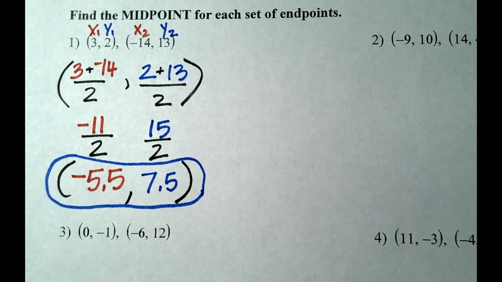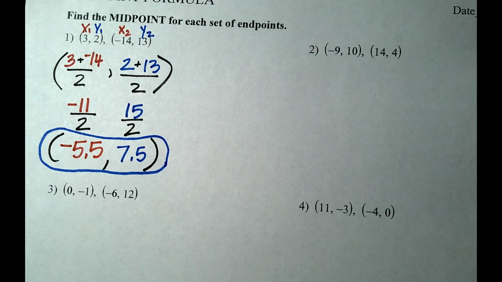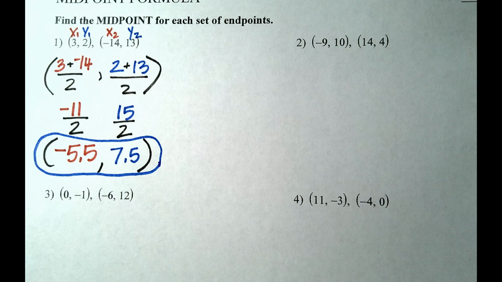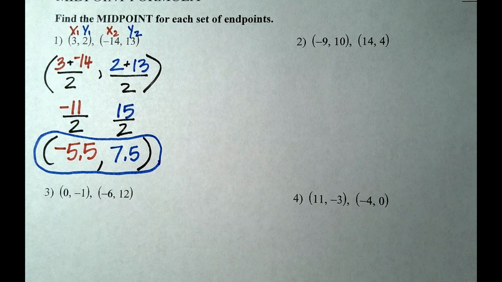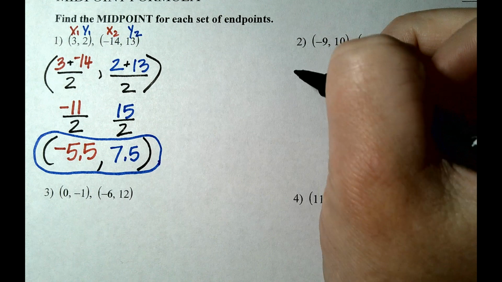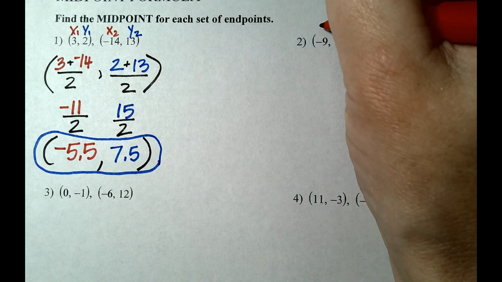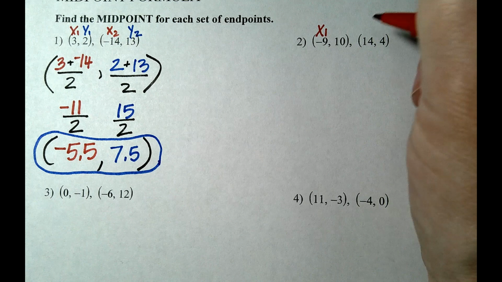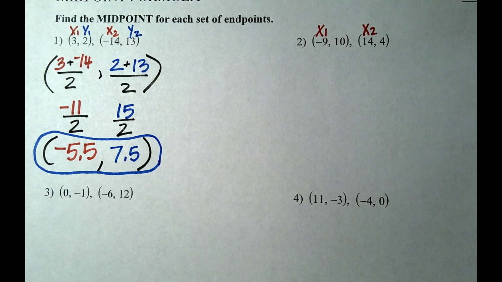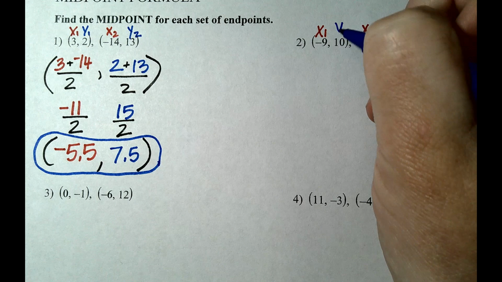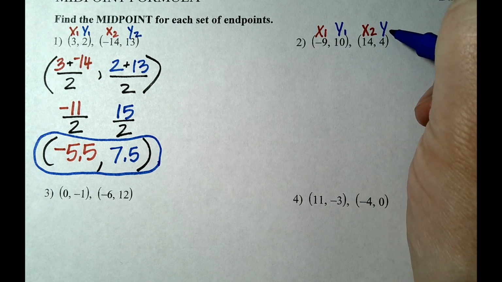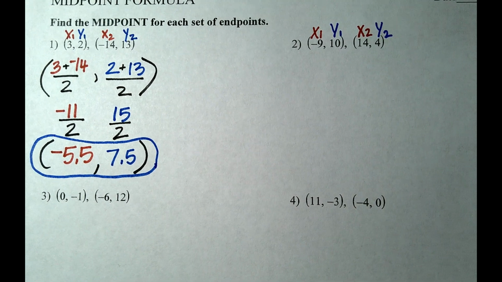Okay, so I'll leave that up for just a second. I'm going to zoom out. We'll look at number 2. Okay, so number 2, we want to label our coordinates. x1, x2, y1, y2.